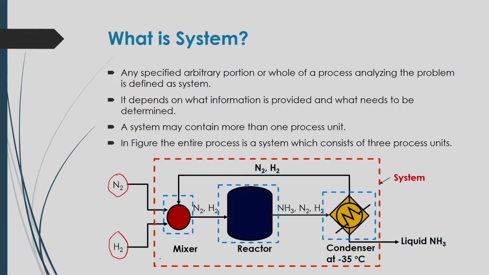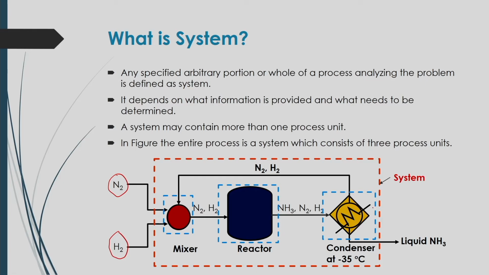Now, in this process several units are required to complete the process. Briefly, the main systems or equipment used for this process are the mixer, where nitrogen and hydrogen gas will be mixed, and after that it is sent to the reactor, where nitrogen and hydrogen gas react and produce ammonia gas, and from the outlet stream of this reactor, ammonia gas along with unreacted hydrogen and nitrogen will come out.